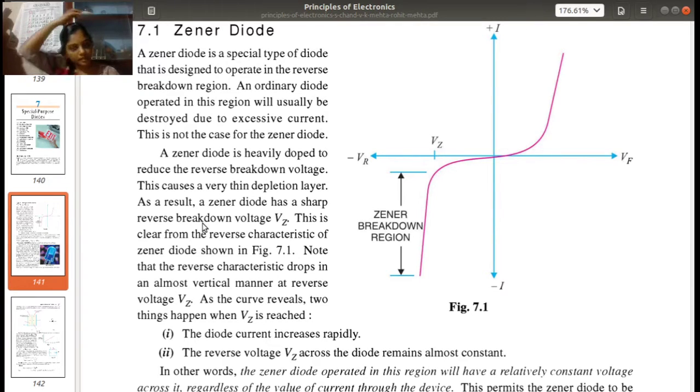So how is a Zener conducting? The Zener diode is always connected in reverse biased mode.